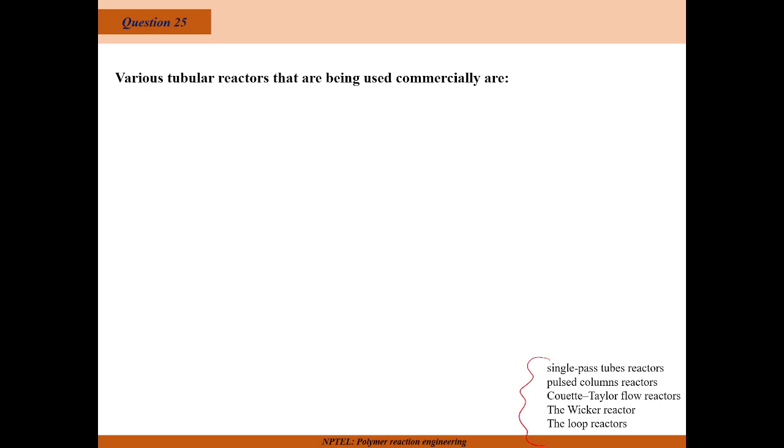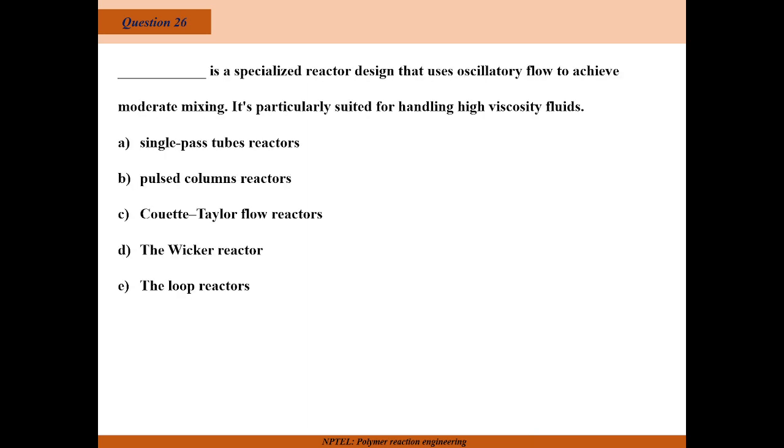Okay, so there are 5 different types of tubular reactors that are commercially used: single pass, pulsed column, Taylor, Wicker, loop reactors. Okay. So which reactor is a specialized design that uses oscillatory flow? This is the major thing.